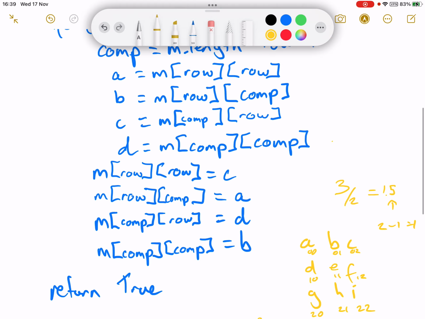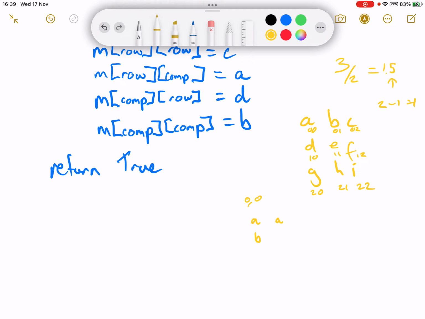Okay, B row A comp. So that will be 3. Our complement is 3 minus 0 minus 1, which is 2, which is C, right? So B will be C.